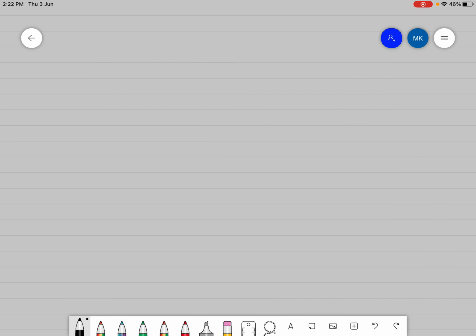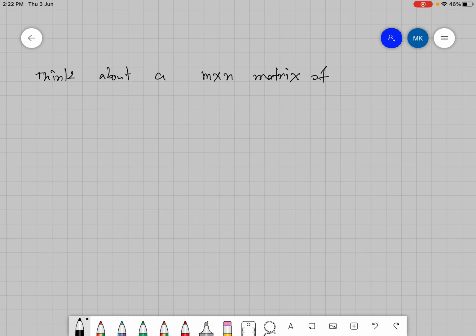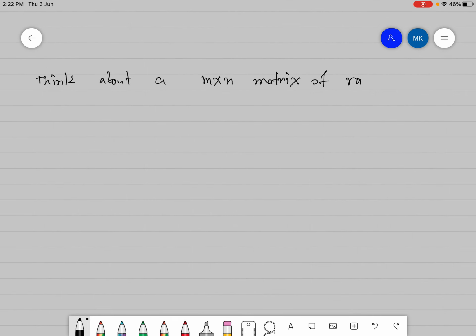Okay, so think about an m by n matrix of rank r.